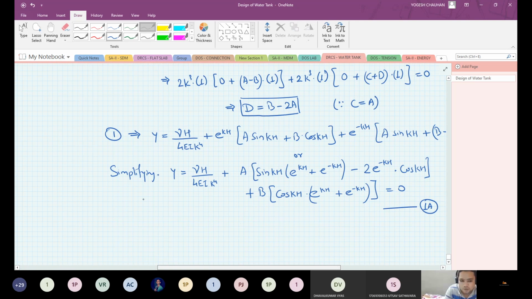And now we substitute the values of gamma and all these values.